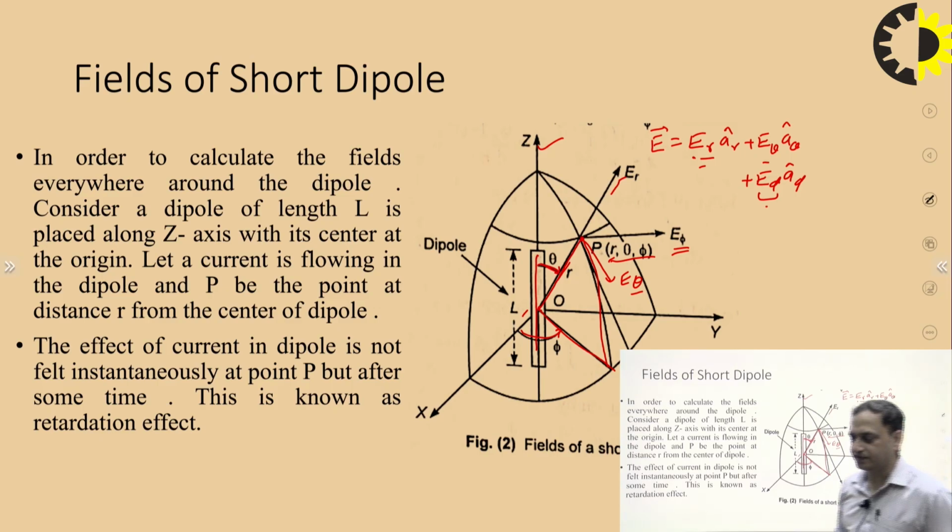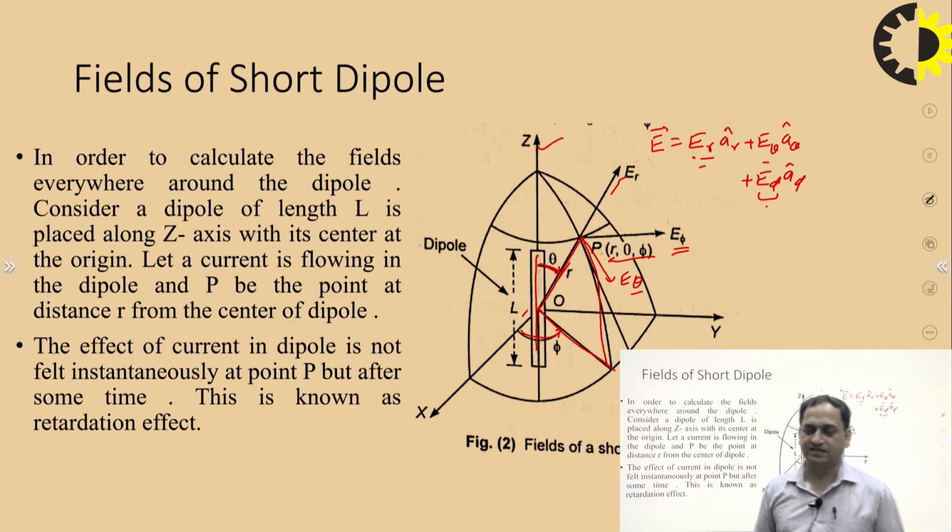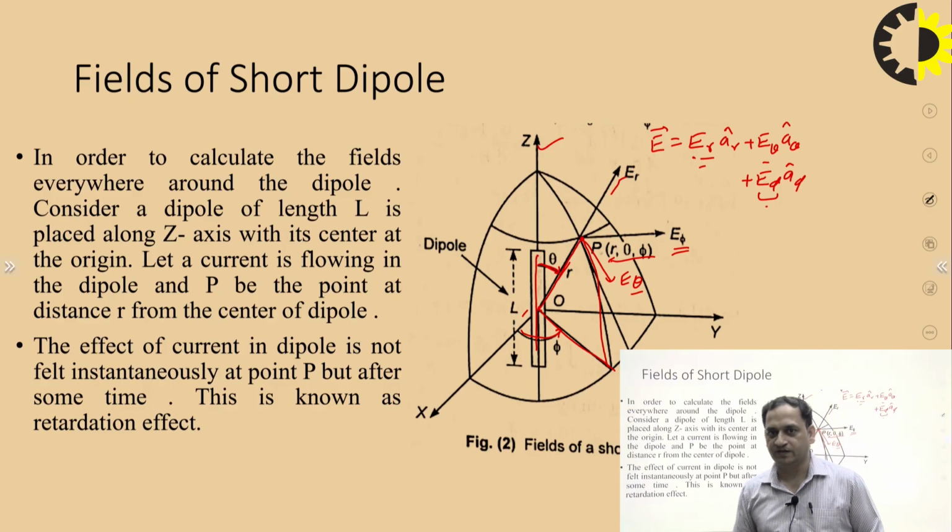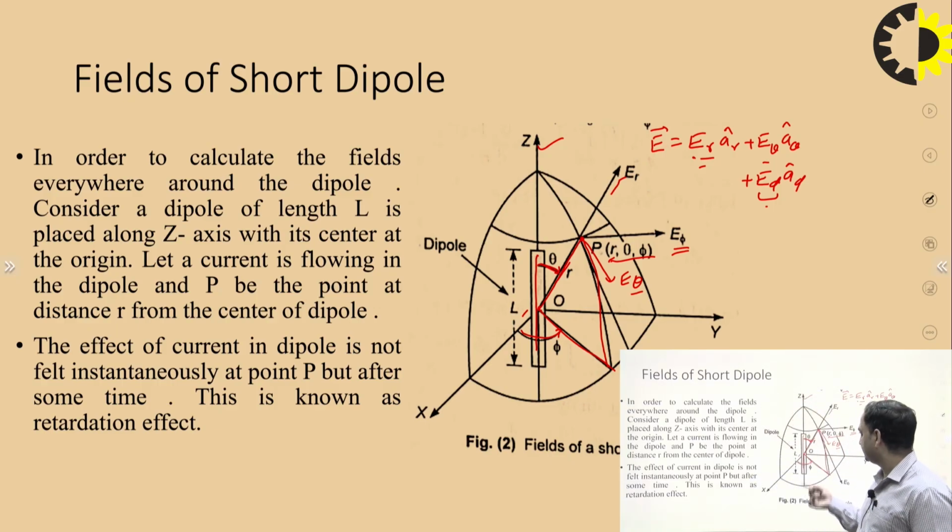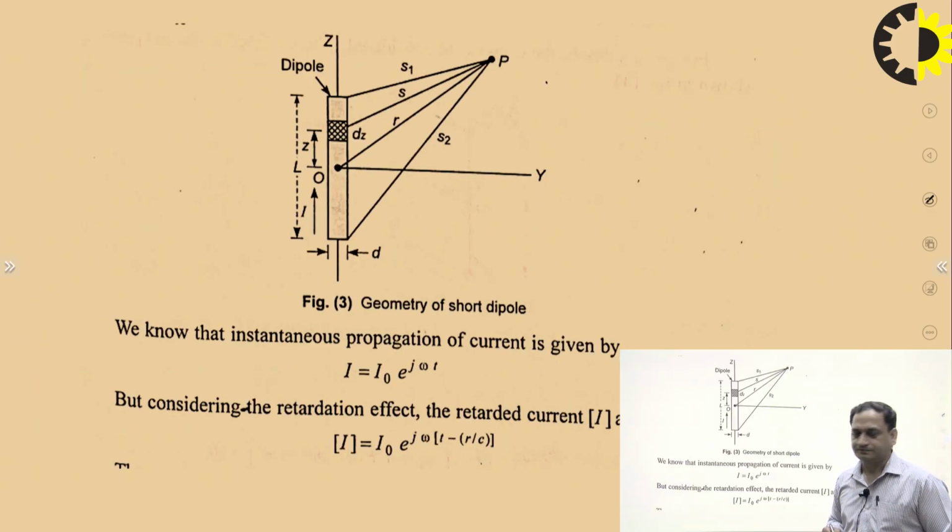Similarly, we can find the values of Hr, H theta and H phi, which we will take care of when we find the value of H. Right now we are just representing the electric field.